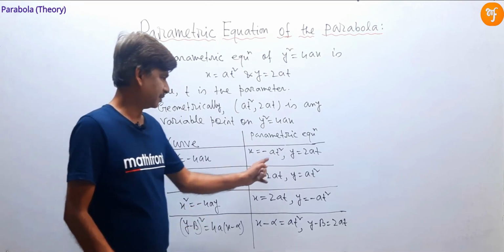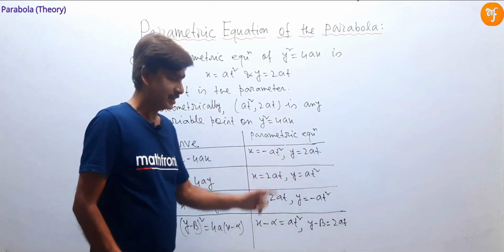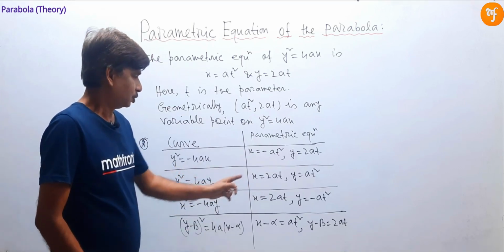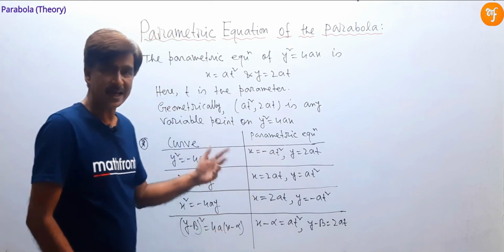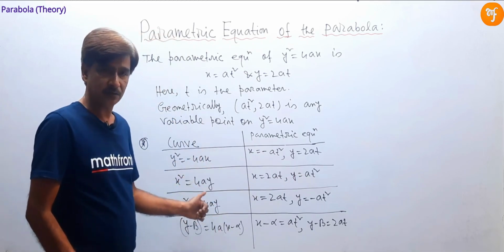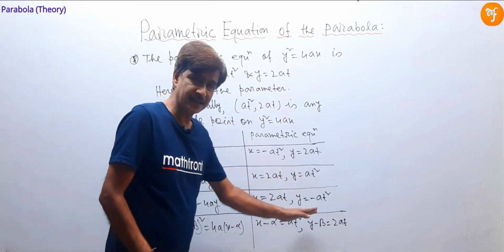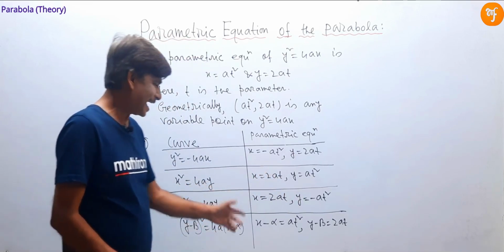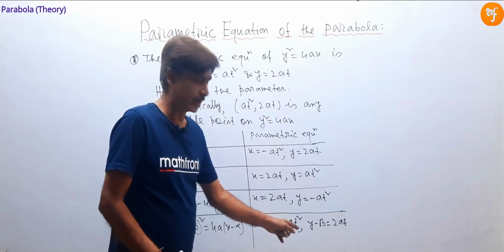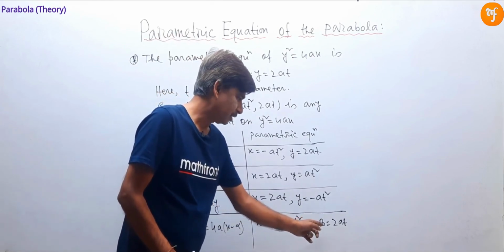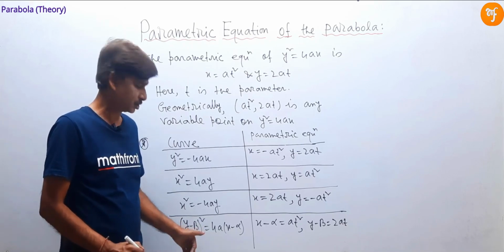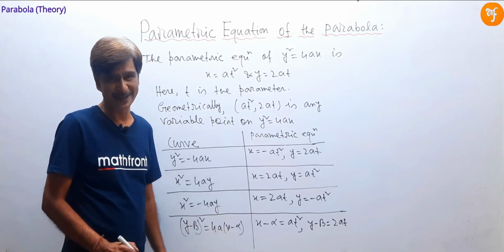So geometrically minus at square comma 2at is any variable point on the parabola y square is equal to minus 4x. 2at comma at square is any variable point on the parabola x square is equal to 4ay. 2at comma minus at square is any variable point on the parabola x square is equal to minus 4ay, and alpha plus at square comma beta plus 2at is any variable point on the parabola y minus beta whole square is equal to 4a into x minus alpha.